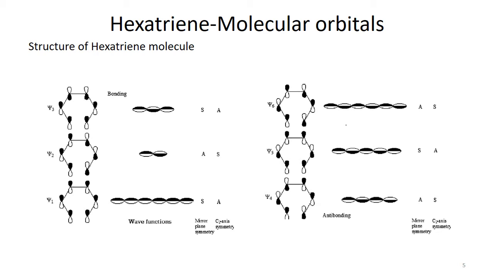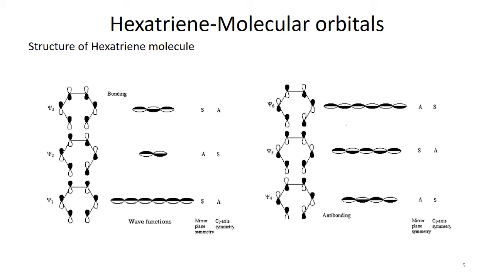Similar is the case of psi3, another bonding molecular orbital of 1,3,5-hexatriene. In psi3 there are two nodes present, and two nodes make the energy of psi3 higher than psi2.